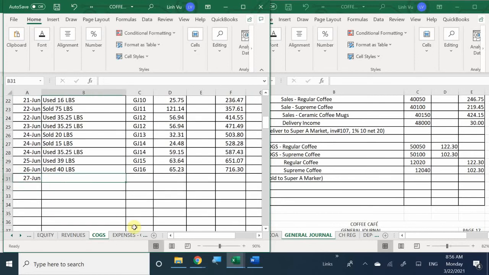We sold 75 pounds, general 16 for a total of 122.30. So what's my new ending balance? 838.60.